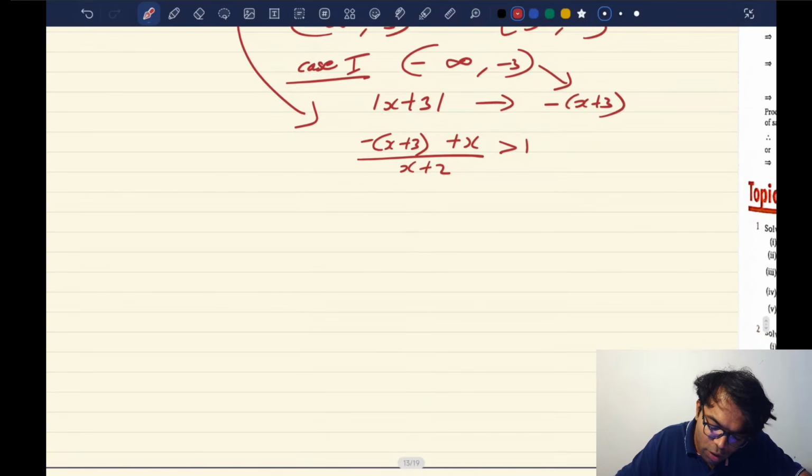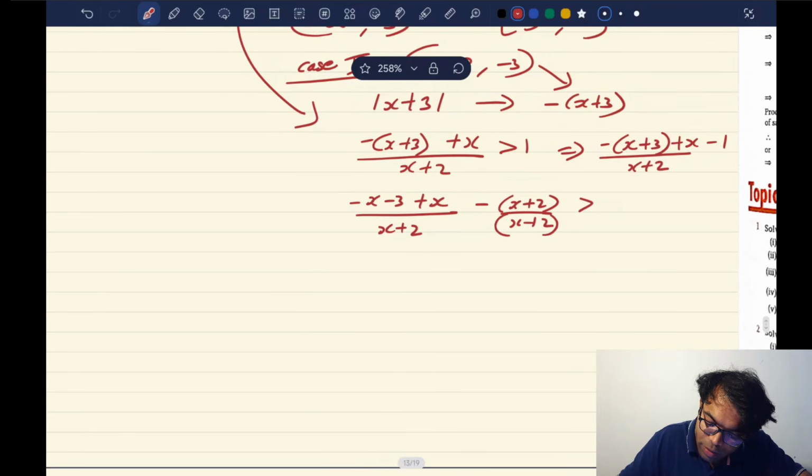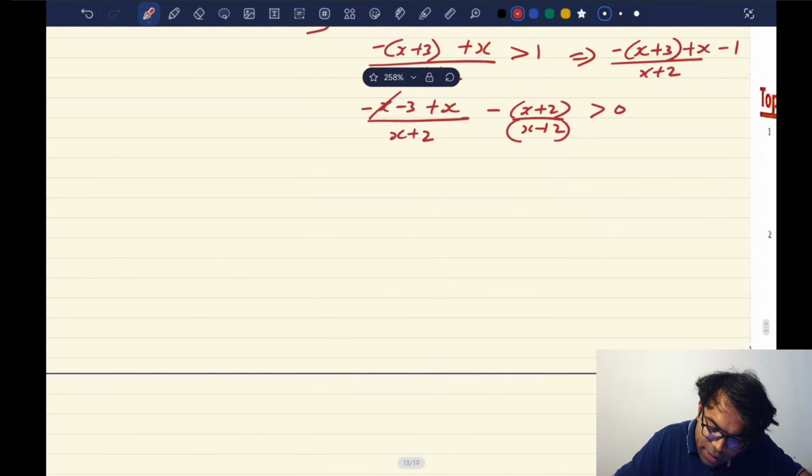Now let's solve it normally. So you will have minus x minus 3 plus x, and then upon x plus 2 minus 1. So I can write x plus 2 upon x plus 2 here, because I can write this as minus of x plus 3 plus x minus 1 upon x plus 2, should be greater than 0. So this gets cut off.